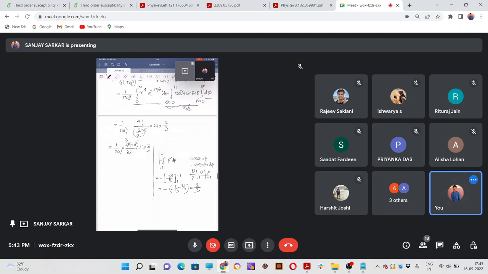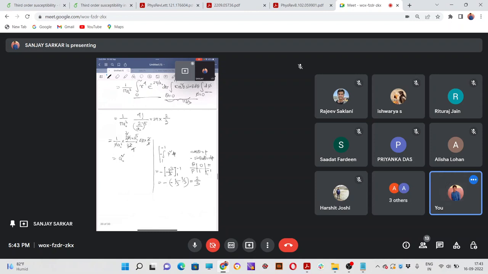So this pi cancels out here, 2 cancels with 4, and 3 also cancels out, so we are left with a naught square. So the expectation value of z square is basically a naught square.